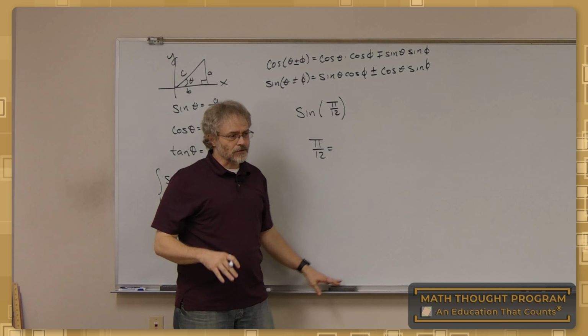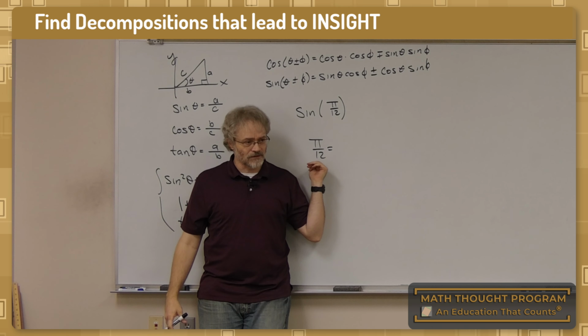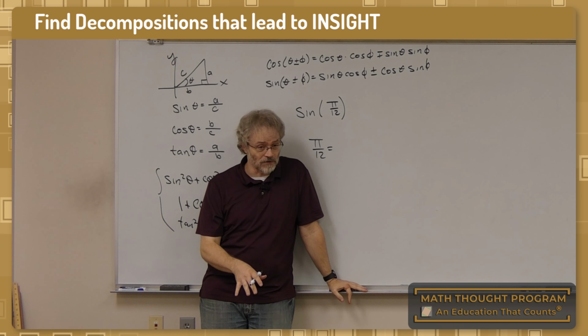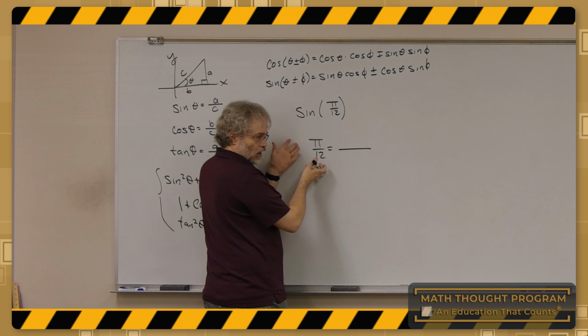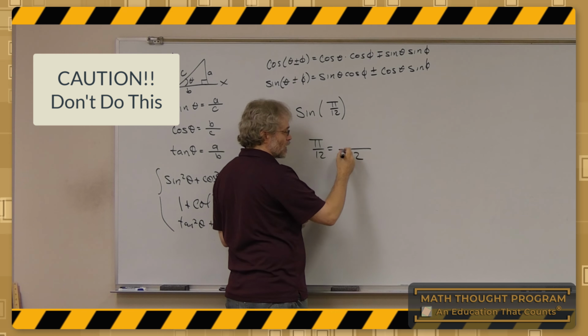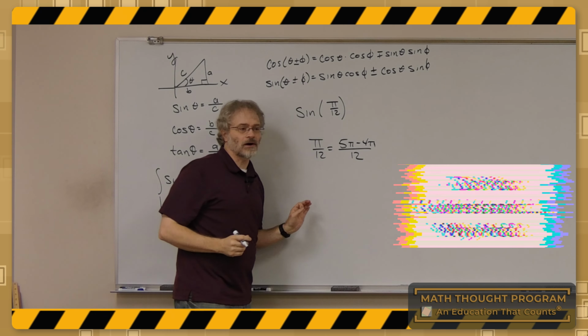But anyways, that does give us a little bit of freedom when I start looking at the decomposition. And you do want to find things which are going to be helpful. Don't look at things which are not going to be helpful. You could take pi over 12, and you can say, well, that's just going to be the same thing as 5 pi minus 4 pi.